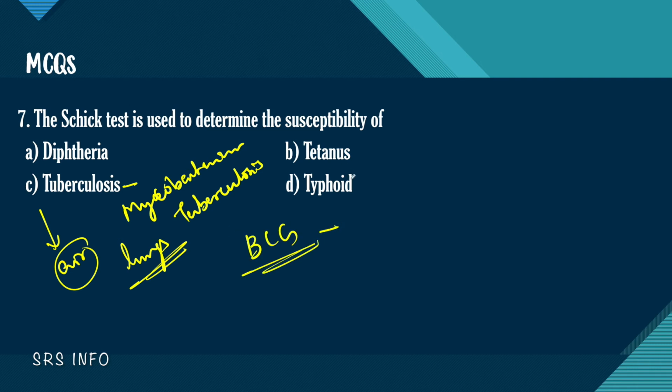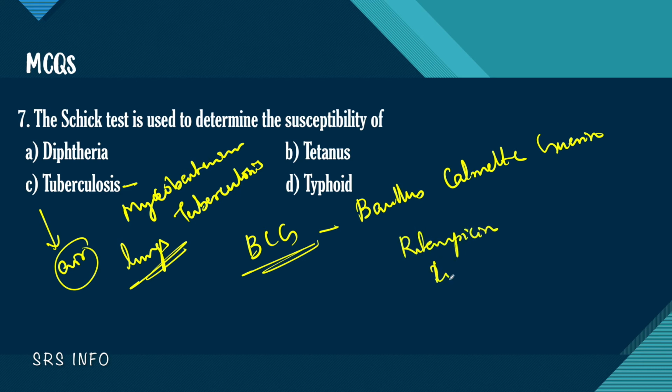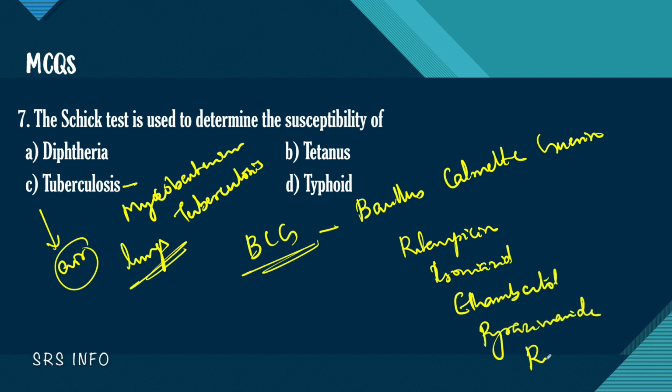The full form of BCG is Bacillus Calmette-Guerin vaccination. Nowadays multiple antibiotics are available to treat tuberculosis in different steps, with different criteria for administering these drugs. Some of them are rifampicin, isoniazid, ethambutol, pyrazinamide, and rifabutin.